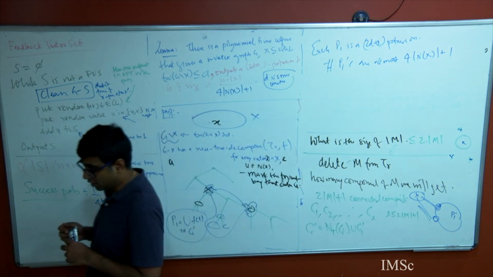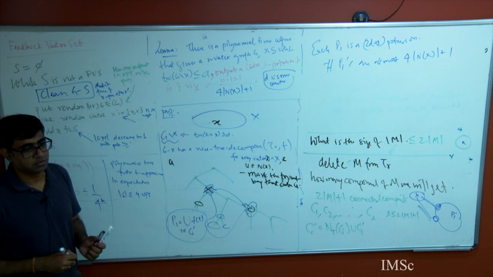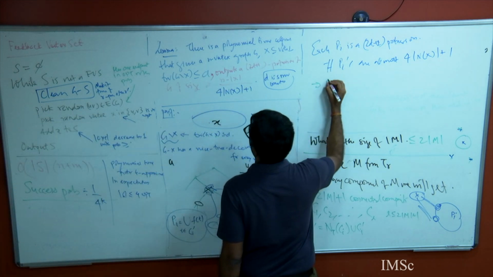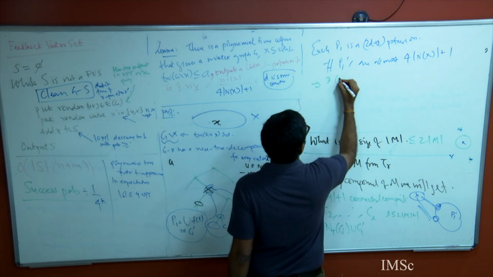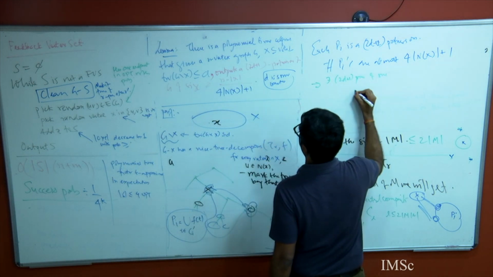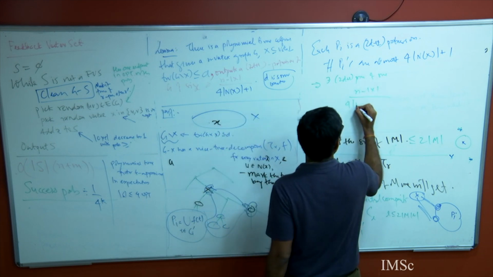Okay. So by the pigeonhole principle, there exists a 2D plus 1 protrusion of size at least (n minus |x|) divided by the number of such objects.